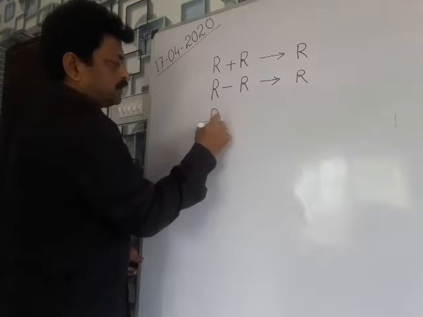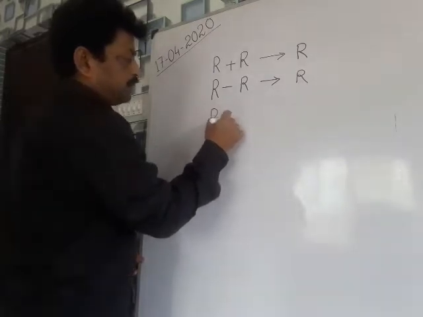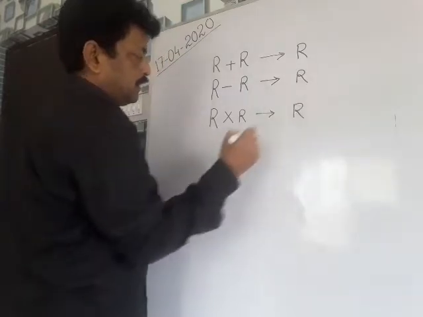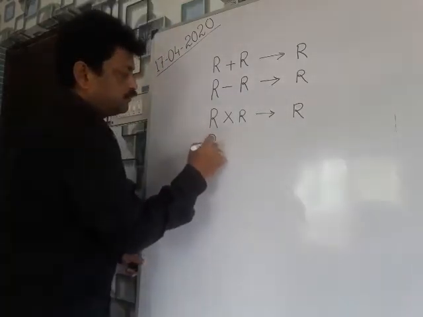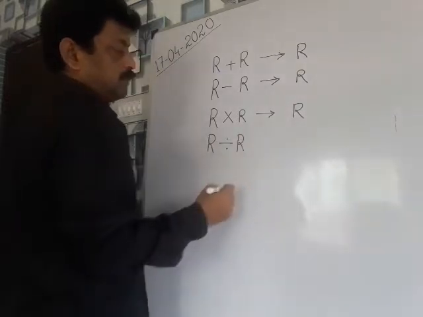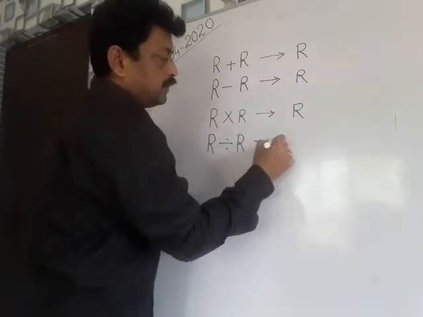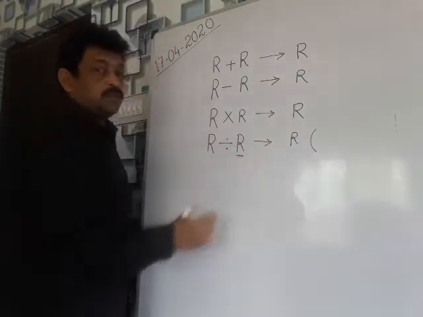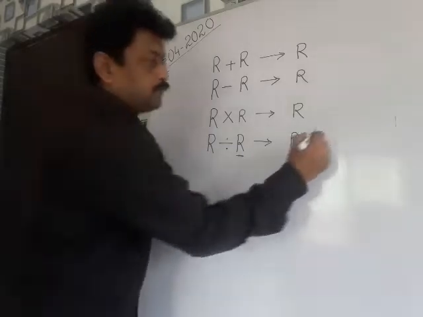If two rational numbers are multiplied, it will also give rational. And finally, if two rational numbers are divided, then this will also give rational, except this one should not be 0.